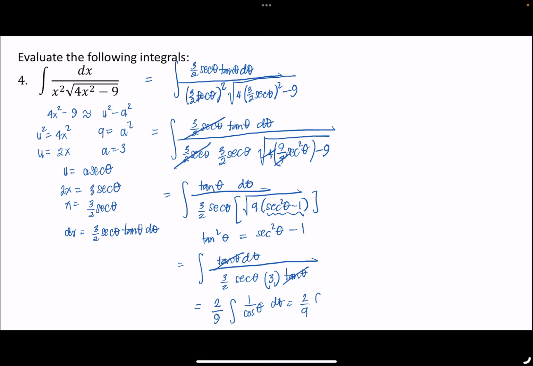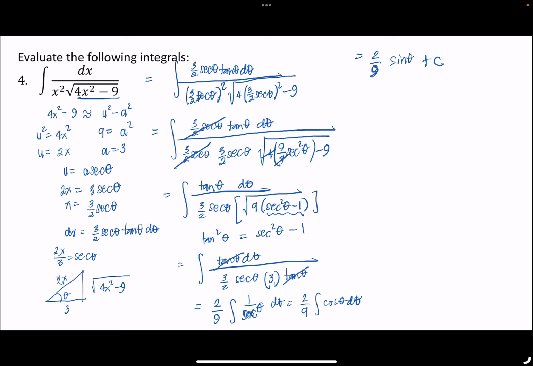So 2 over 9 integral of 1 over secant theta, which is 2 over 9 cosine theta d theta. The integral of cosine theta is sine theta plus c. Since 2x over 3 is secant theta, that would be hypotenuse over adjacent, and the third side would be the radical of 4x squared minus 9.